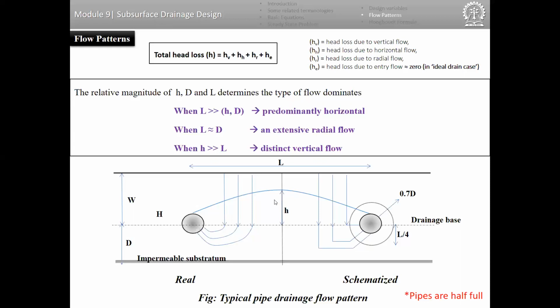When the spacing between two drains is very large, L is far greater than H and D, then the flow will be predominantly horizontal. Whereas if L is equal to D, it will be more a radial flow. When H is far bigger than L, then there will be distinct vertical flow.